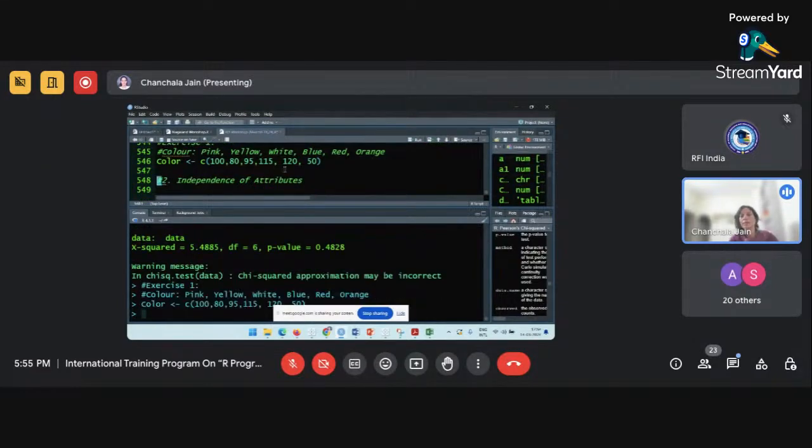Suppose these are the frequencies: for the pink color, 100 people said that pink should be launched. Yellow, 80 votes. For white, 95 votes. For blue, 115. For red, 120. And for orange, it's 50. Is it clear?